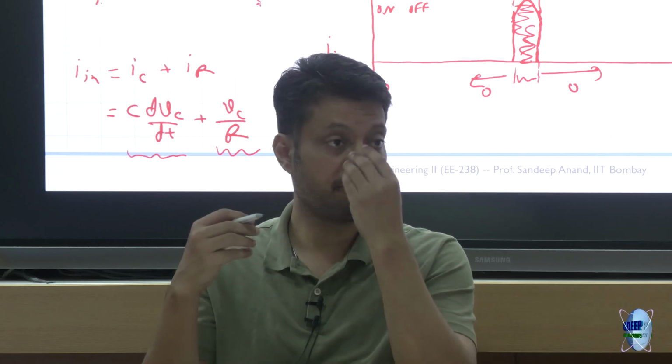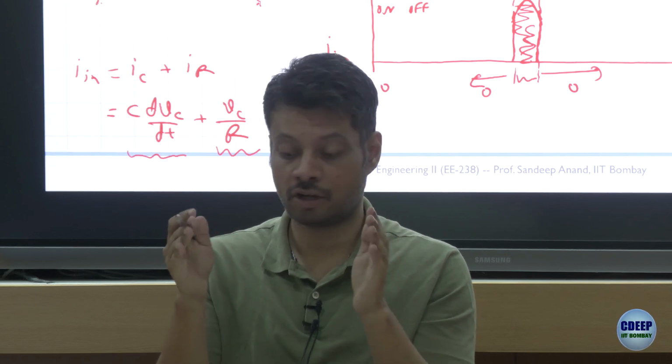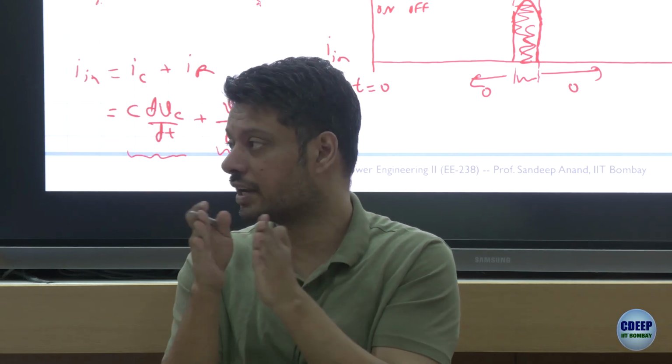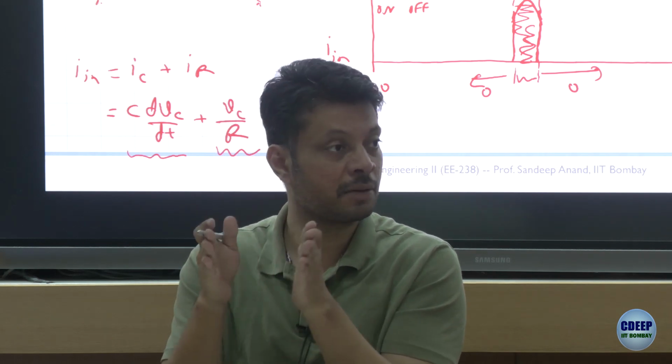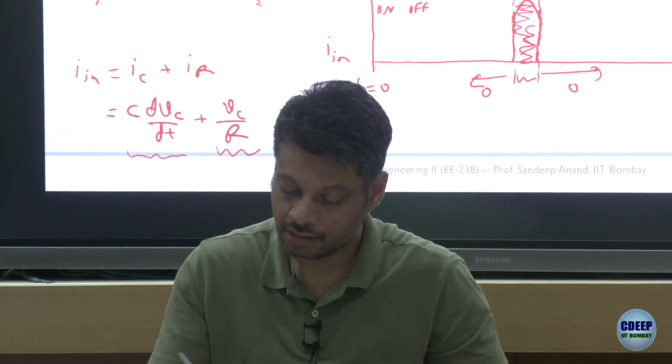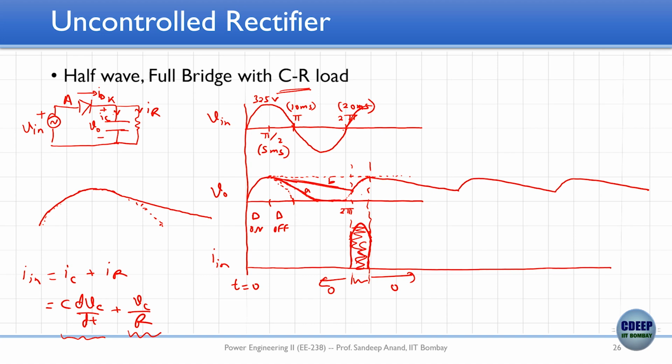If you have a value of C large enough, then your region of current becomes smaller and smaller. Then the region of diode conduction becomes smaller and smaller. If I had a large capacitor, then practically the diode would conduct only for a very, very small time. The output resistance is the same, so the output power V square by R remains the same.